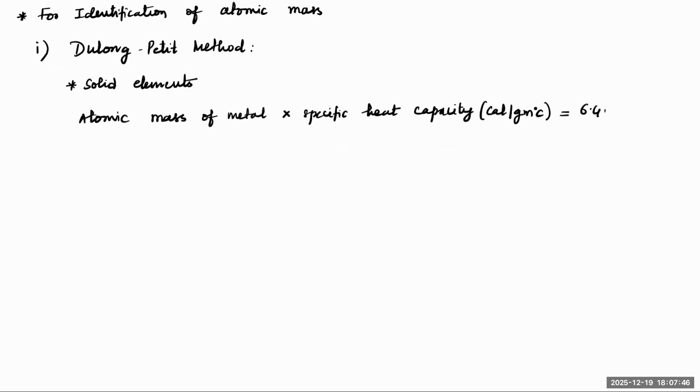If this value has been given for a particular metal, that is the way you can calculate the atomic mass. Okay, let me show you with an example. Got it?